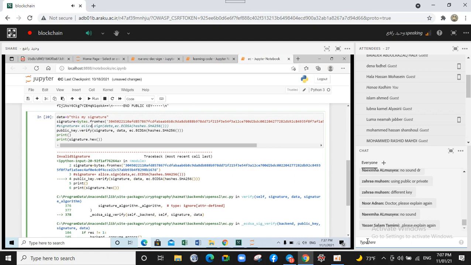For example, if Bob wants to send some money, he must put his digital signature and prove that this is Bob. Prove that this money belongs to Bob. Okay.